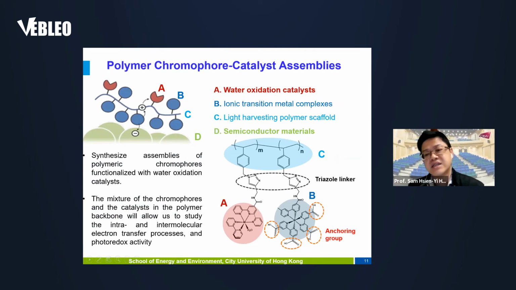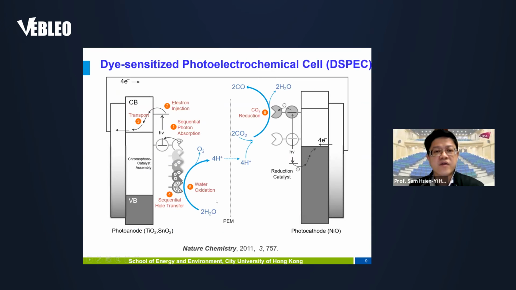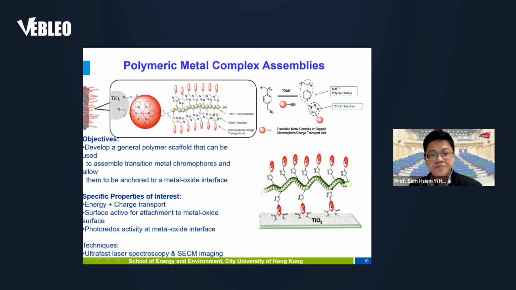Okay, so this is the example of what we design. We prepare this polymer backbone attached with the light absorber and the catalyst on top of the semiconductor materials. With this as the working electrode of the dye-sensitized photoelectrochemical cell, this will allow us to produce hydrogen and oxygen or carbon monoxide at the same time.